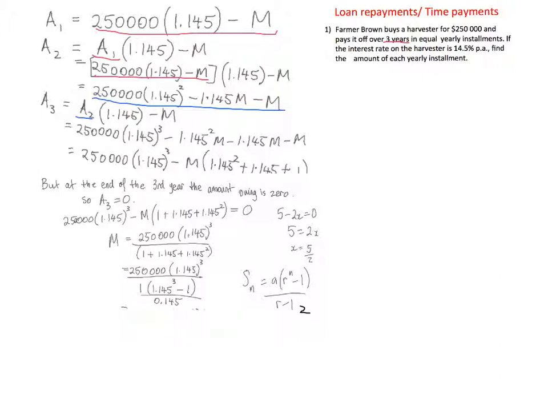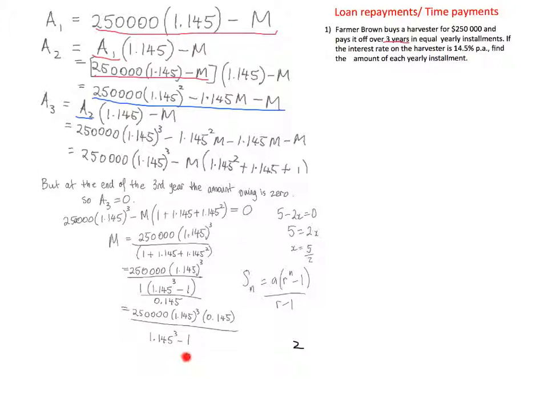Okay, and then you can simply put that in your calculator, or using what you know about fractions, you do one more step. Sometimes these questions show this, so it's good to know this extra step. When you've got a numerator divided by a fraction, it's really a numerator times the reciprocal of this. So that's why the 0.145 ends up up here on the numerator, and then that still becomes part of the denominator there.